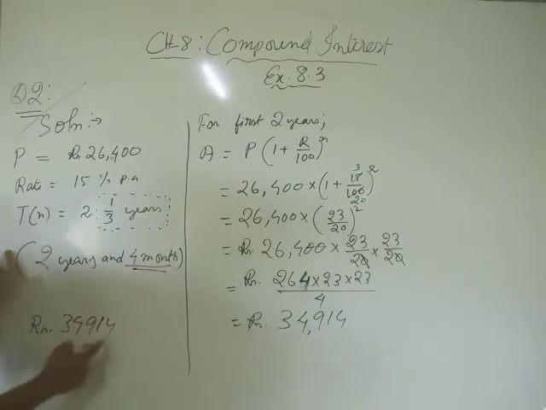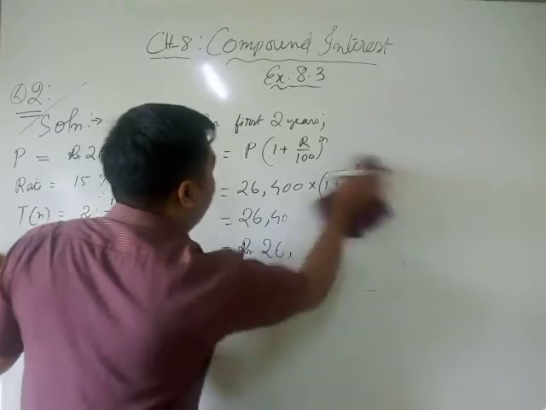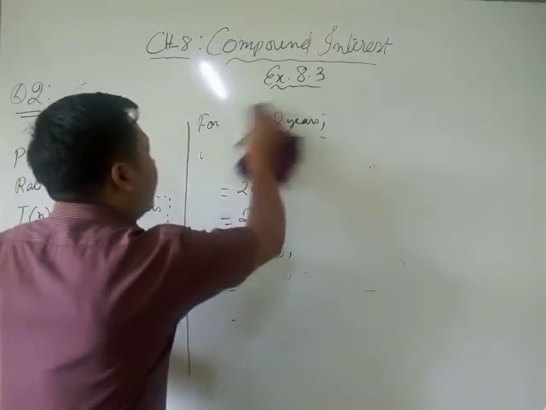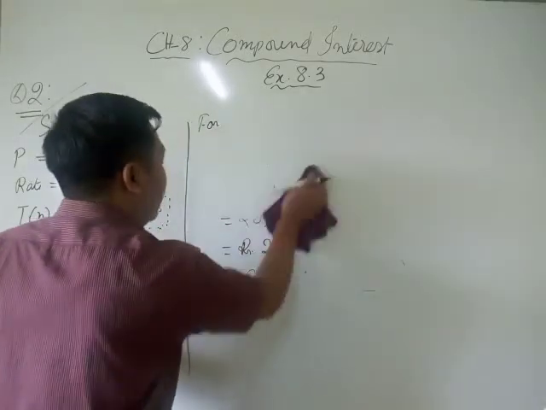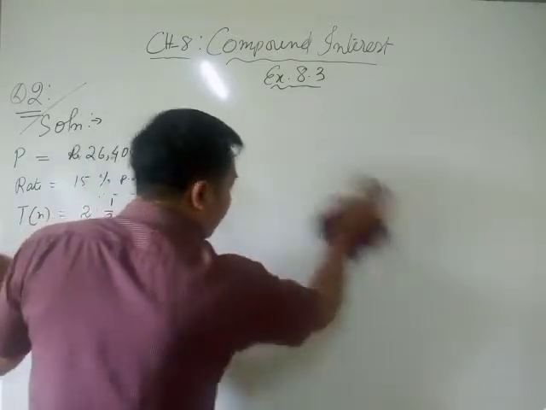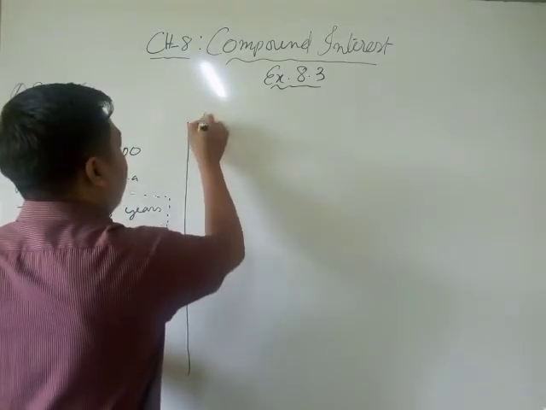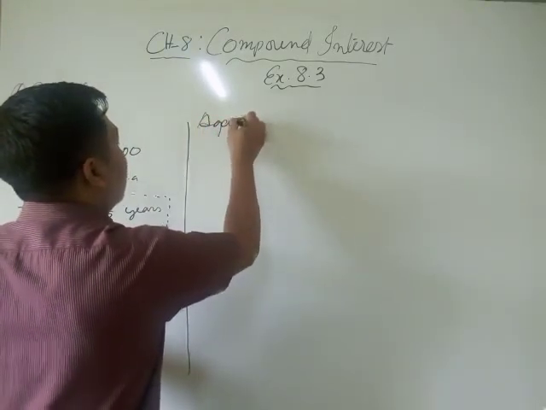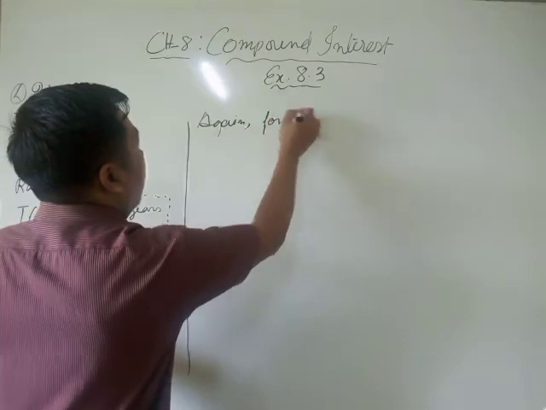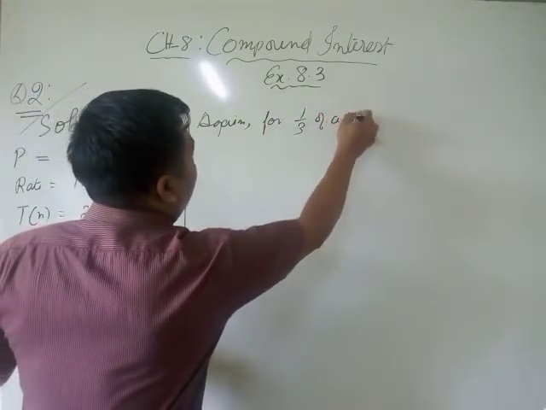This is the amount for the first 2 years. Then next we will calculate for the next 1/3 of the year. Again for 1/3 of a year.